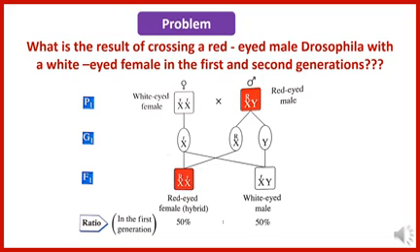X with Y, so X with r small, the male will have white eye. Here we will have a ratio of 50% red-eyed to 50% white-eyed, 50% female and 50% male.